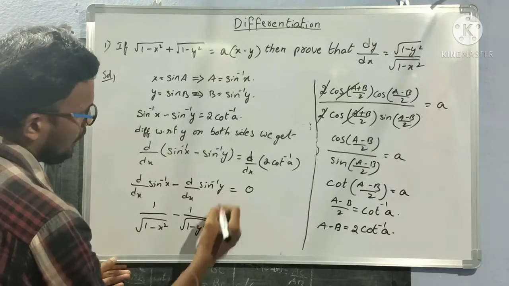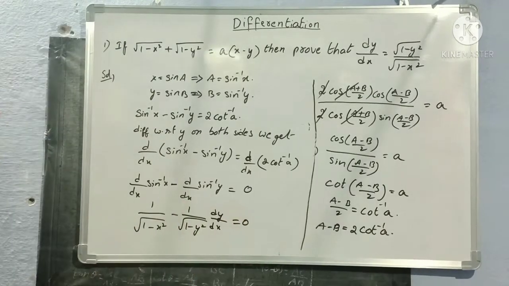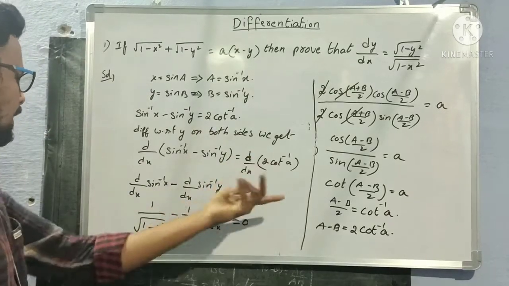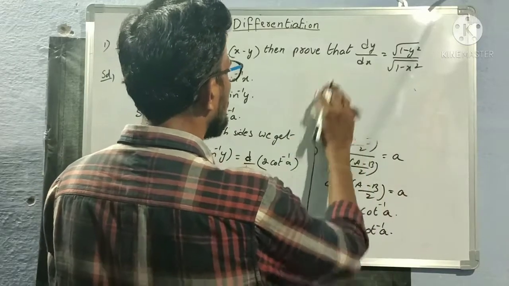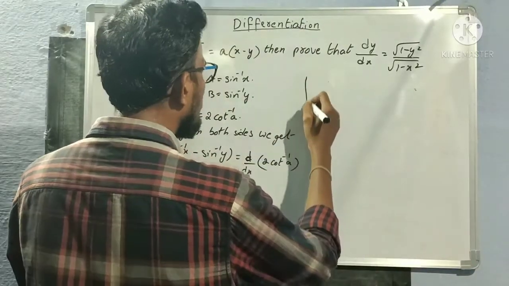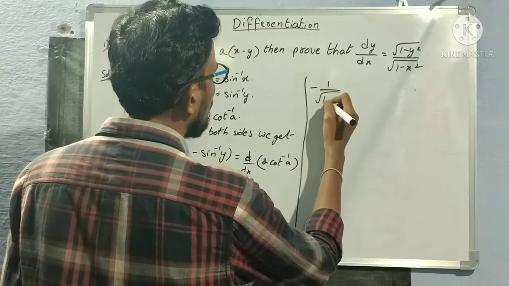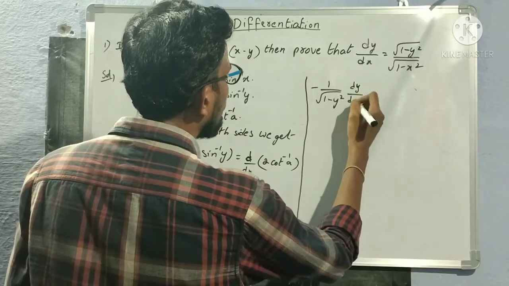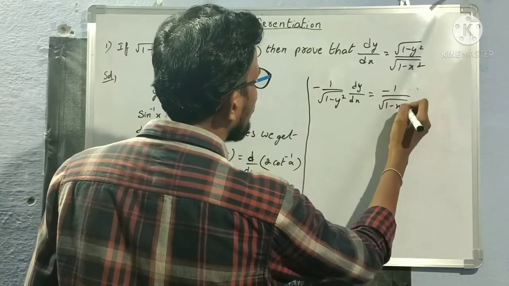So again y, if we differentiate with respect to x, we get dy by dx, and the right side is 0. Now if I send 1 by square root of 1 minus x square to that side, it becomes minus. So I will keep minus 1 by square root of 1 minus y square into dy by dx is equal to minus 1 by square root of 1 minus x square.